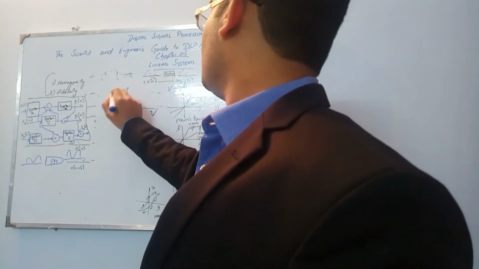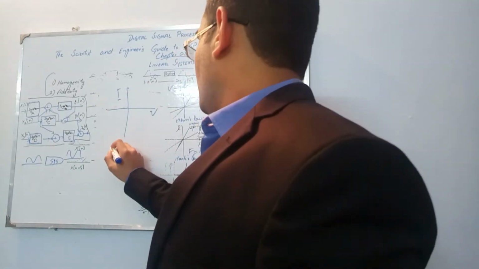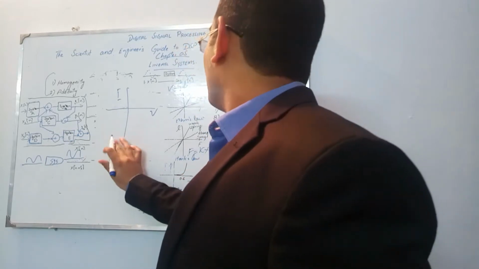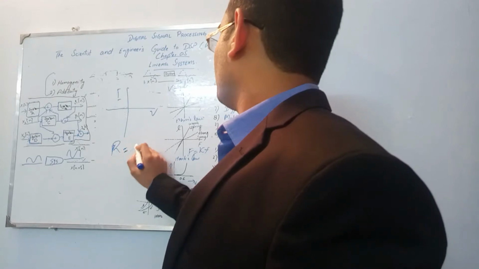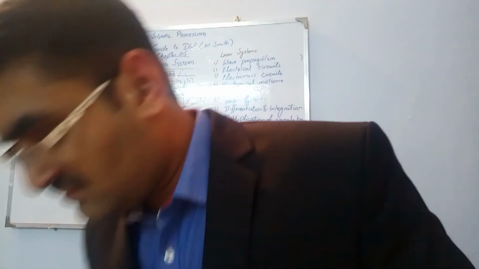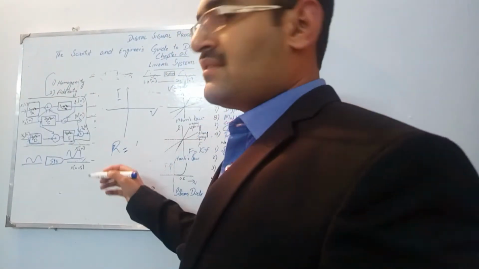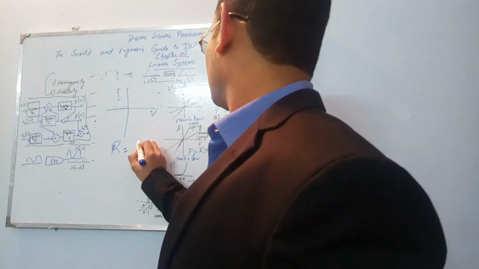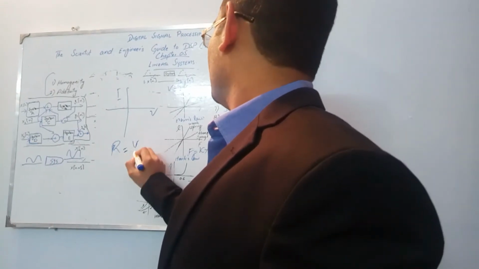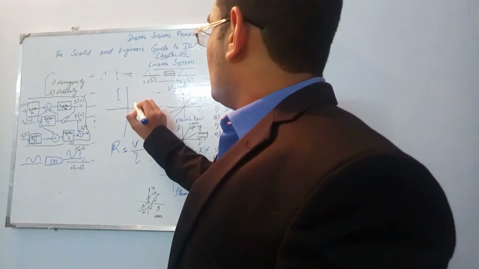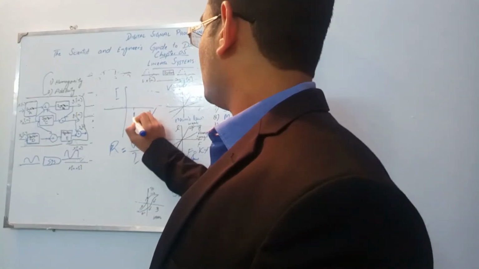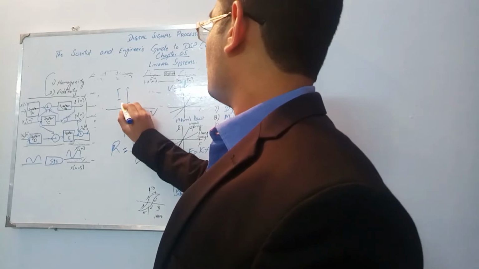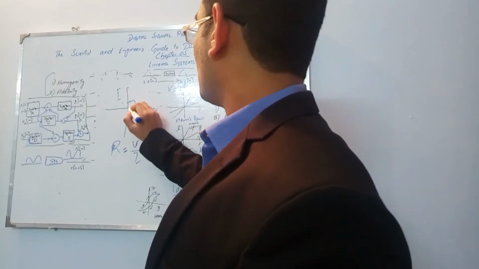This is voltage, this is current, and I have to find R, resistance. R is V over I. So first, if V is equal to 1, I is equal to 1, the resistance is also 1.